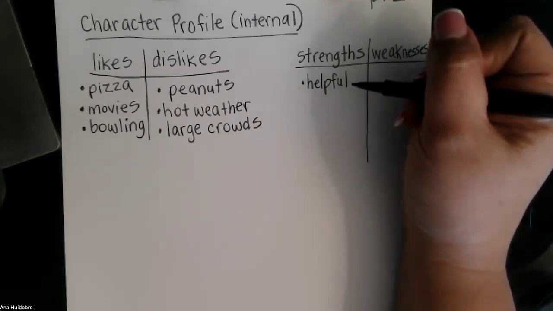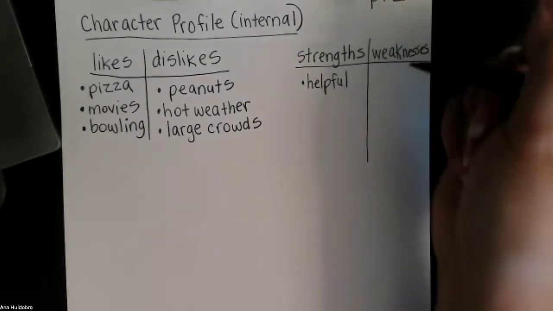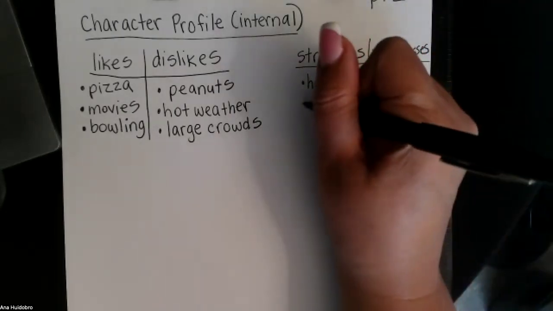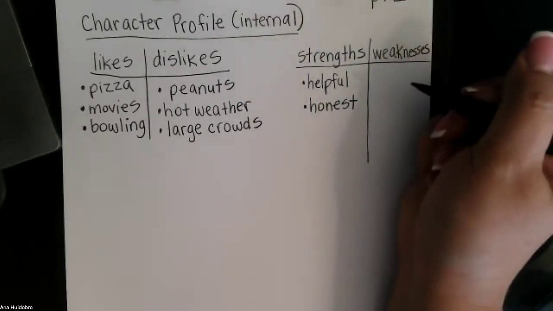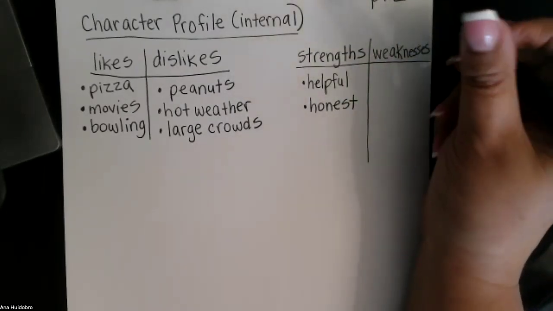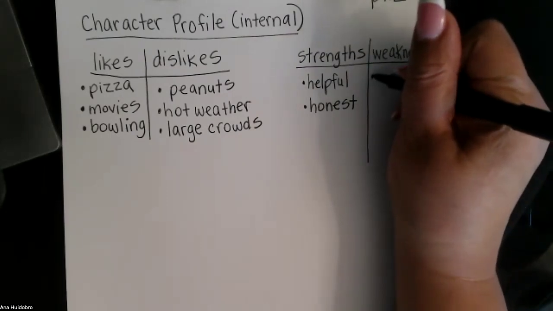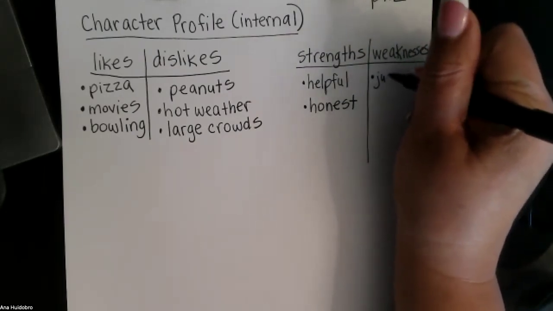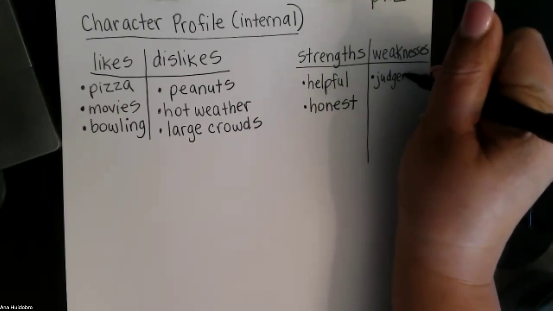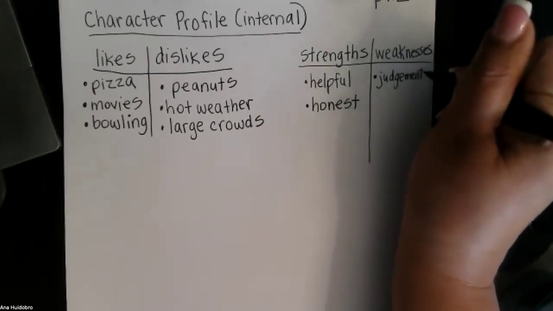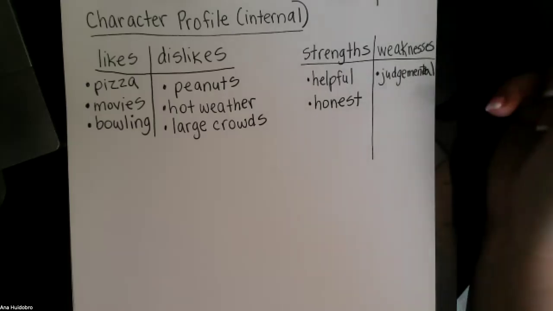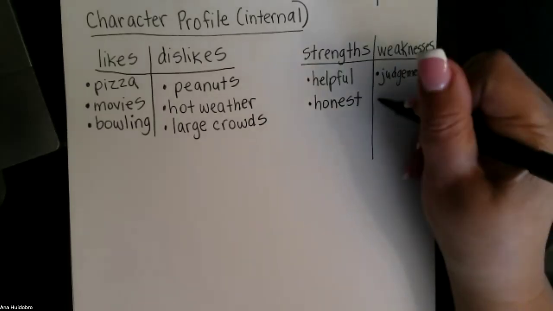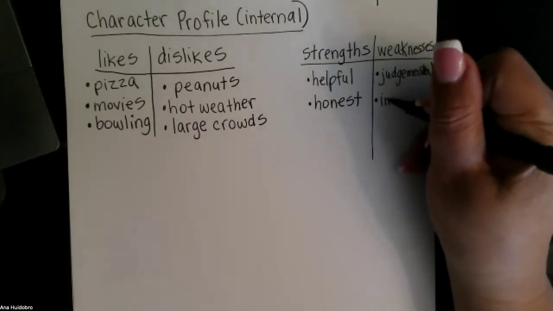There are all kinds of different traits you could have. I'm going to make him very honest. And for his weaknesses, I'm going to make him a little bit judgmental, which I think we all are to some extent. And I'm going to make him a little bit impatient.